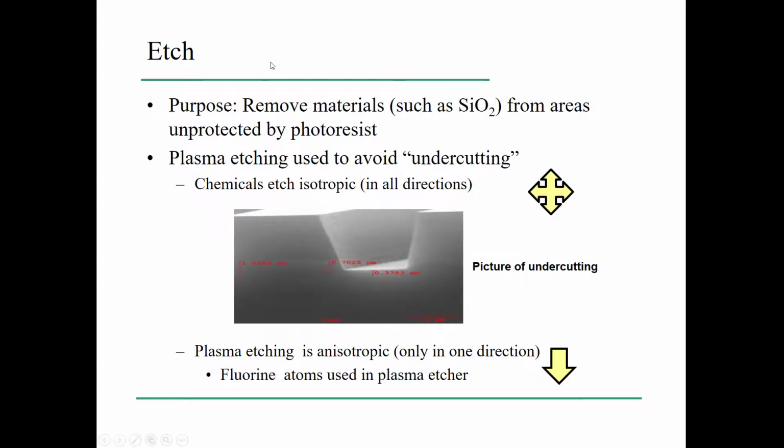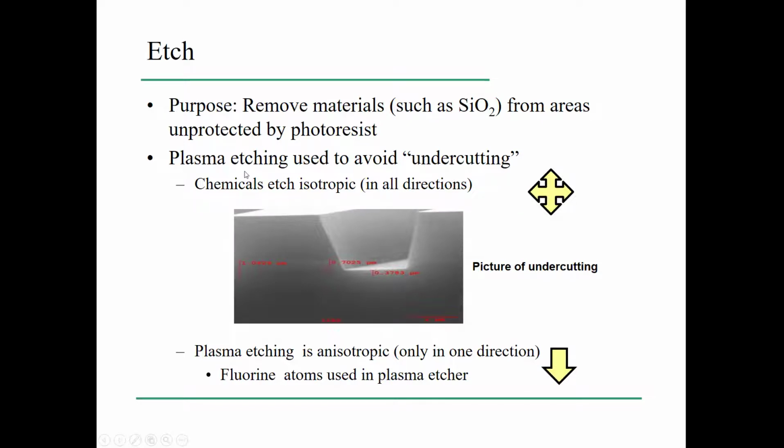Just a comment on the etching, and I kind of gave a little preview of this a while back: unlike with printed circuit boards, where the etching is typically done with a chemical, with ICs the etching is done with what's called a plasma etcher, and the reason for that is because plasma will only etch in one direction, where chemicals etch in all directions.